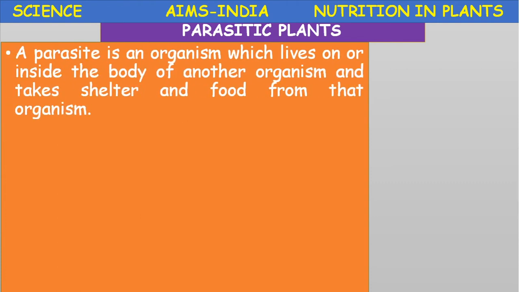Parasitic plants. A parasite is an organism which lives on or inside the body of another organism and takes shelter and food from that organism. Okay, what is a parasite? The parasite is a dependent organism.